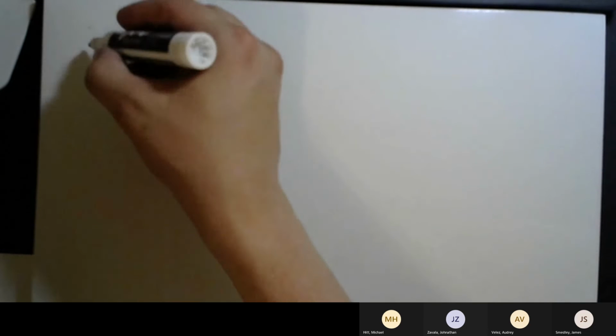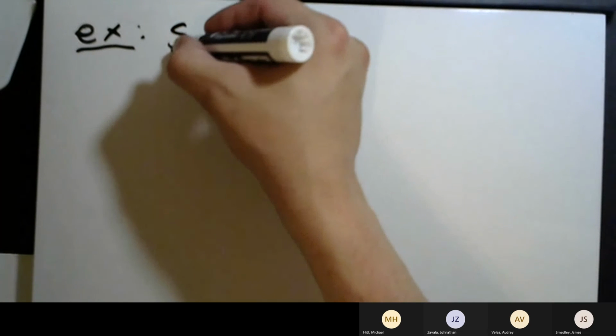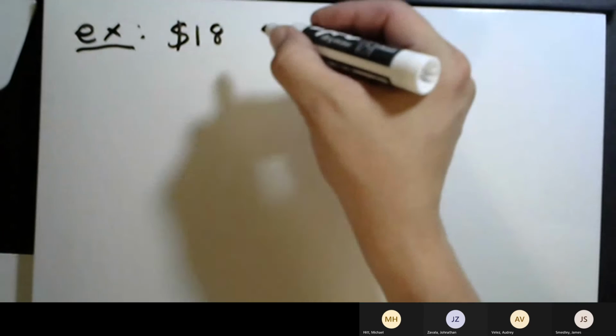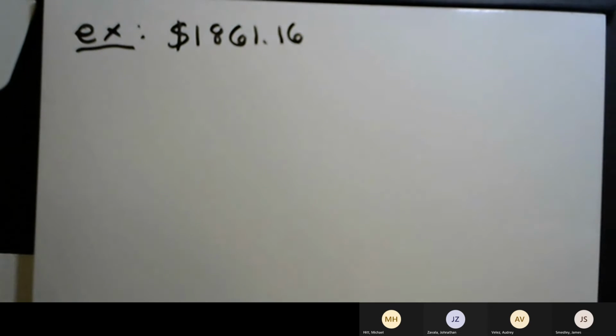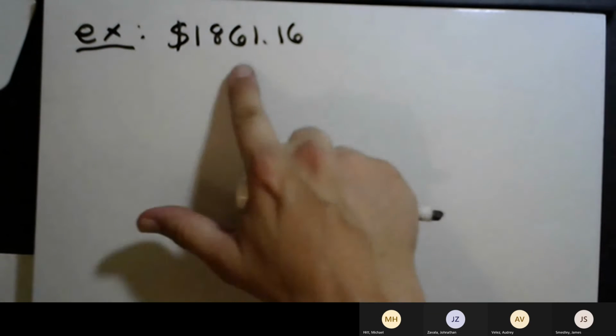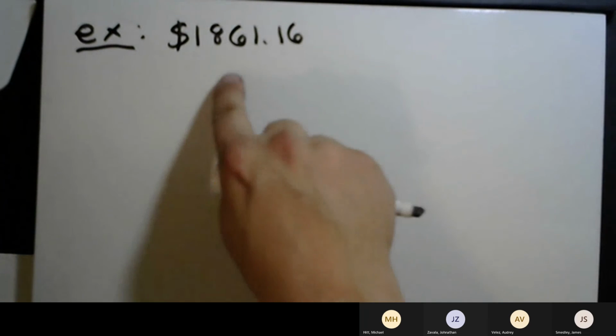So let's say we have this. Let's say an auto mechanic has $1,861.16 in total receipts for a certain day. So at the end of the day, you look into the cash register, these are the receipts.